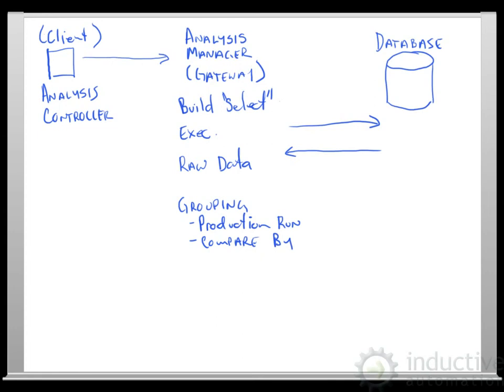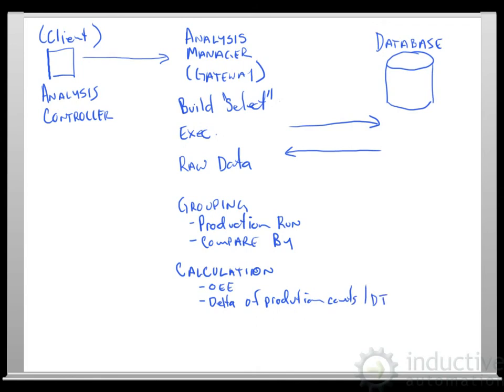Then we go through a calculation stage and consolidation. So it calculates the OEE. If you pulled it out, let's say you wanted production counts by shift, then it's going to determine the delta of production counts or of any information, downtime, things like that.